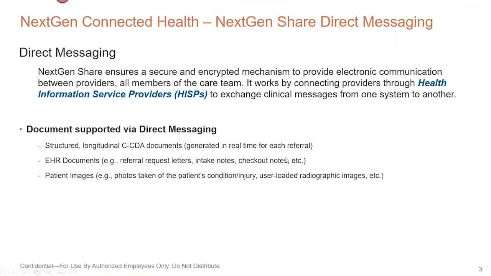If we pull down their lab results or any diagnostic imaging or implants that are charted within NextGen, we have the ability to automatically send that outbound to a provider that we're referring our patient to. So then they can review that information and download it into their system. So they start off exactly where the patient left off within our practice. So we send that structured longitudinal CCDA document with our referral through direct messaging.